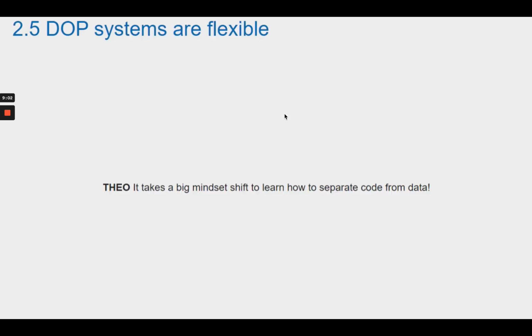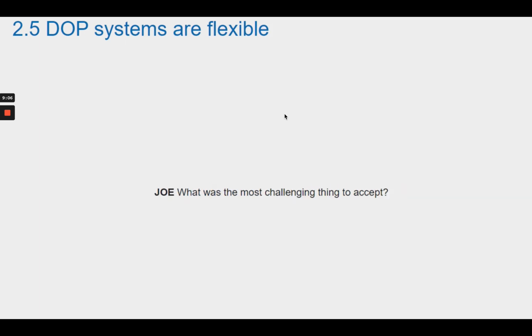Theo: It takes a big mindset shift to learn how to separate code from data. Joe: What was the most challenging thing to accept? Theo: The fact that data is not encapsulated in objects. Joe: It was the same for me when I switched from OOP to DOP.